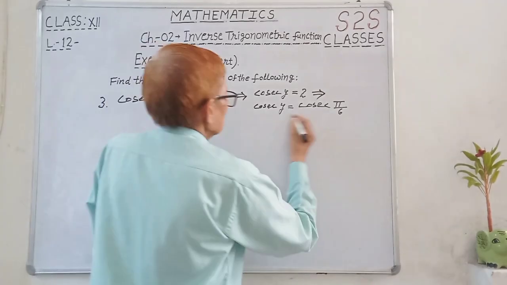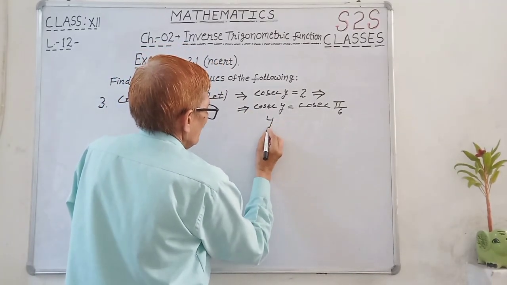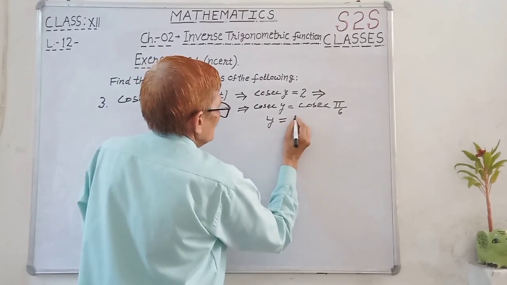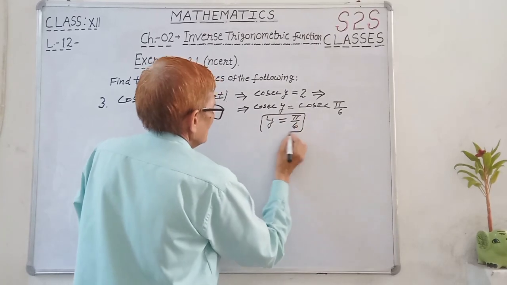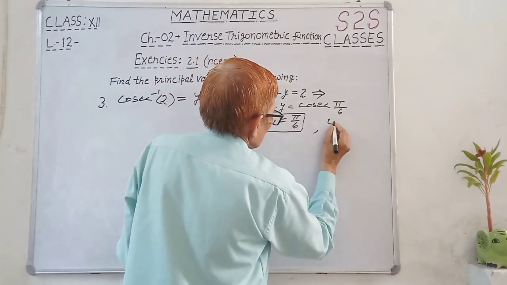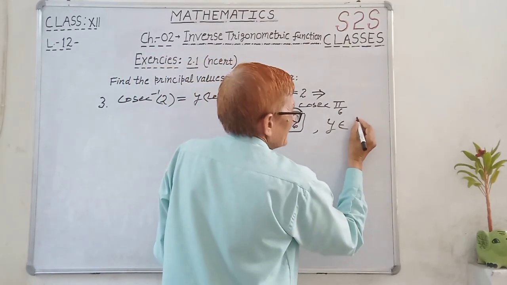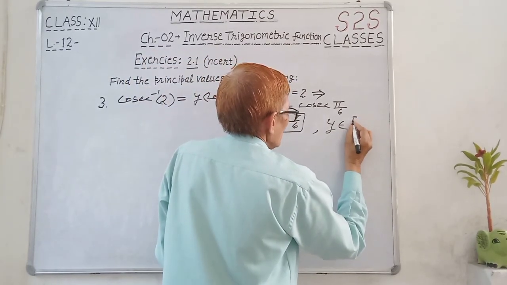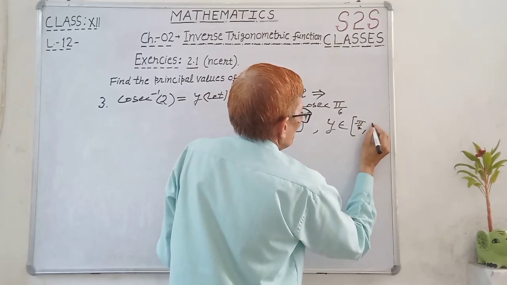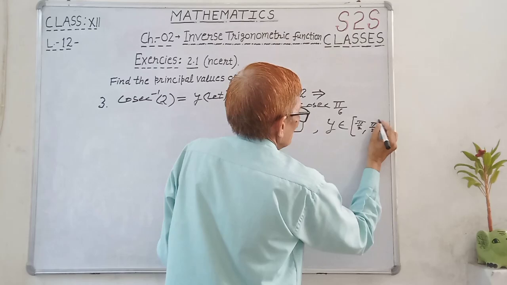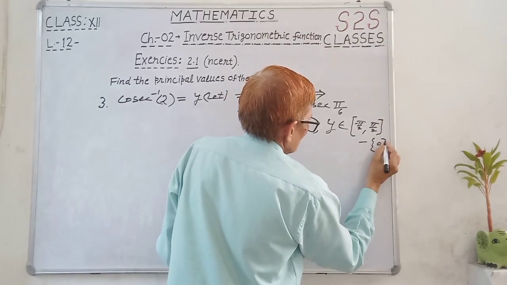Okay, now this cancels out, and it is in range, so y is equal to pi by 6, because y must be the output of cosec inverse, and that output must be between minus pi by 2 to pi by 2, excluding the element 0.